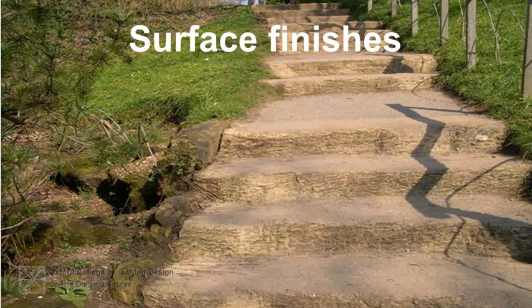Non-slip carborundum granules can be troweled into the surface of steps before the concrete has hardened. Similarly, decorative coarse aggregate can be troweled into the surface and then brushed and washed clean when the concrete has hardened for a few hours.